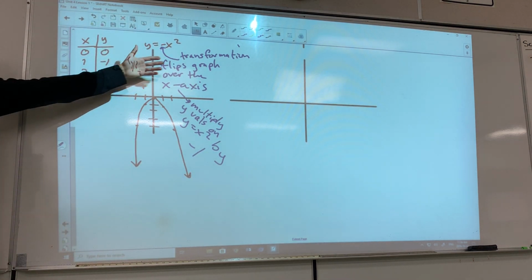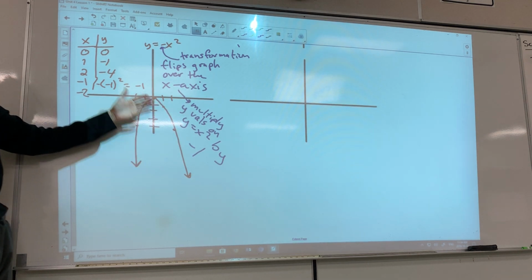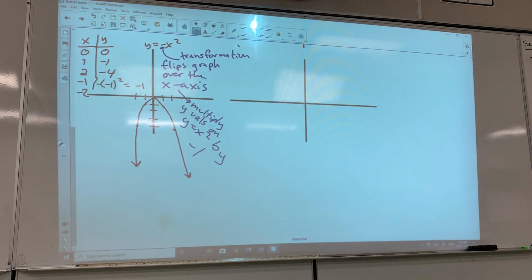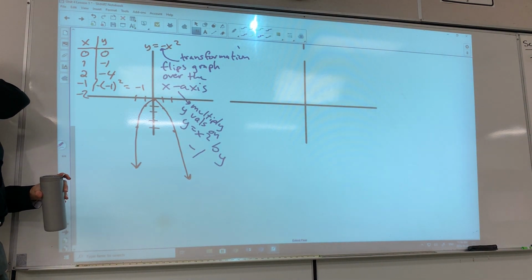So this is how you describe it in English: it's flipping over the x-axis. This is what you do mathematically to obtain the graph. That becomes a big deal in grade 12. In grade 11 it's kind of like, oh, look at this, isn't this nice? I'll talk more about it today.